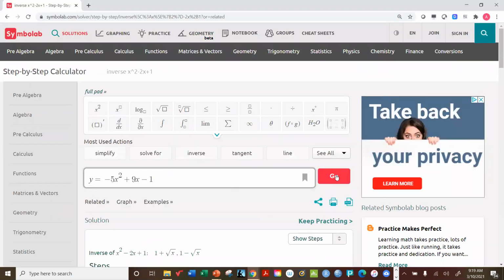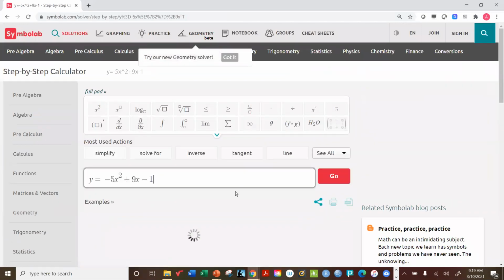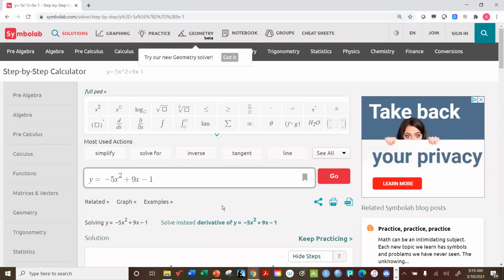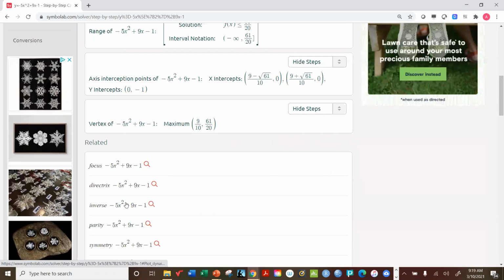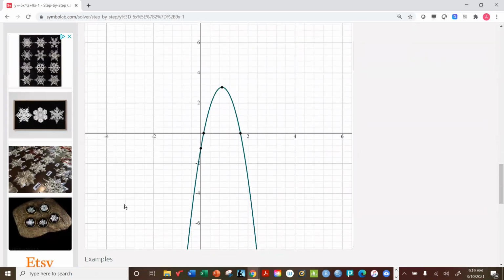All right, let's take a look at that. All right, well, there you go. Now you can see that the vertex, oh, it's kind of interesting, 9/10 comma 61 over 20.